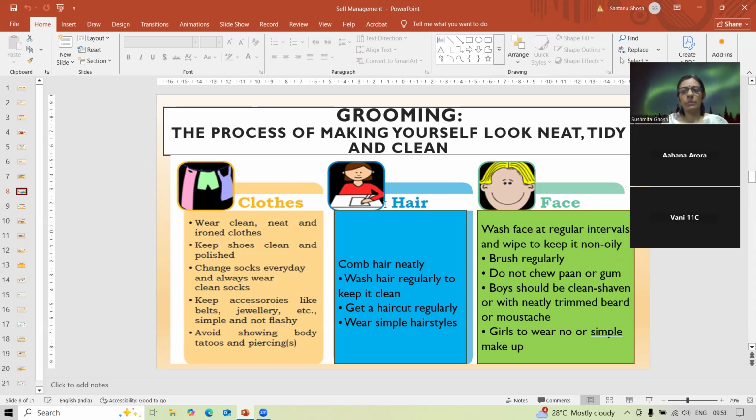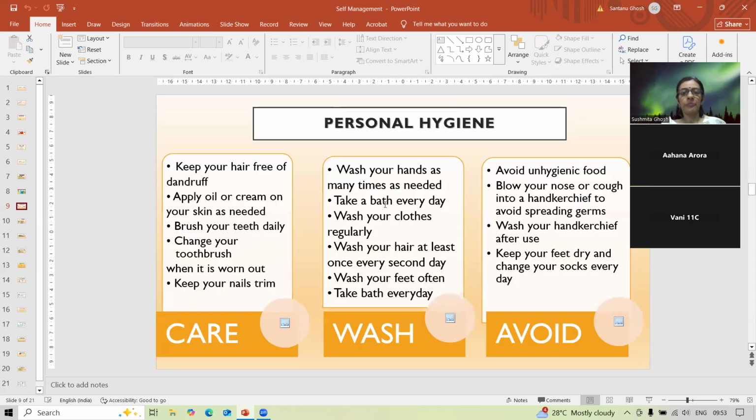That is also very, very important. You don't land up wearing track pants in an official meeting. So, of course, clothes are very, very important as per the occasion. So, you must know what to do when. Similarly, for hair, and for face, you have to keep yourself neat and clean. So, that's part of your grooming. We all are aware of it.